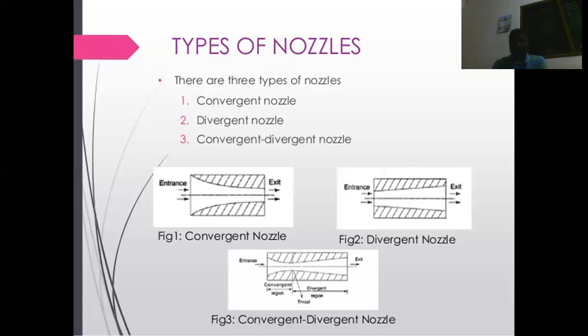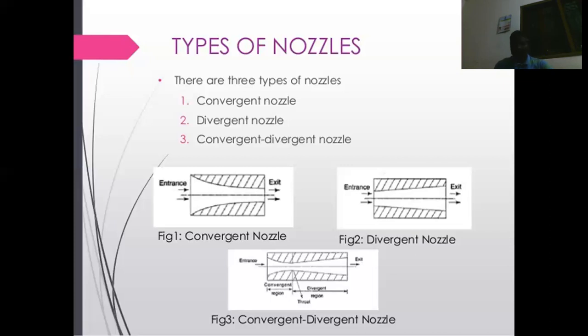Why? Because in the case of jet engines, weight is a very important thing. As much as possible, we have to reduce the weight of the flying objects, so some designs of missiles and jet engines use diffusers like divergent diffusers.